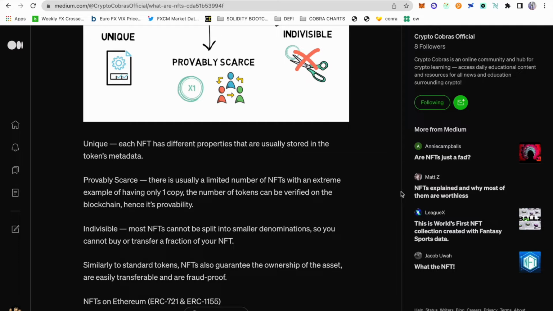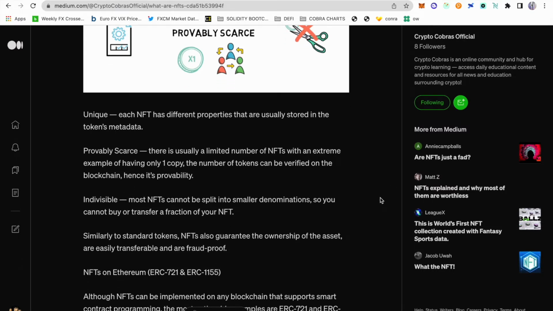Provably scarce. This is usually a limited number of NFTs, with an extreme example of only one copy. The number of tokens can be verified on the blockchain, hence its provability. When you look into a collection of, let's say, CryptoPunks or Bored Ape Yacht Club, you'll know that they have a limited amount, 1,000, 2,000, 5,000 or 10,000 of those.